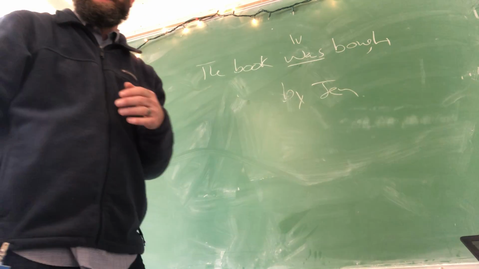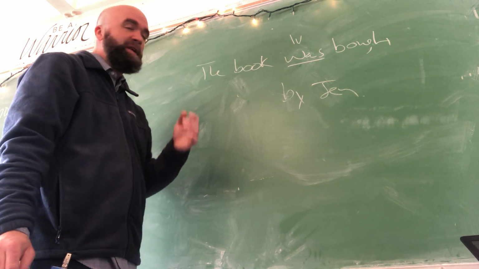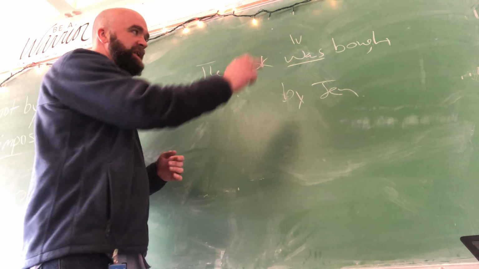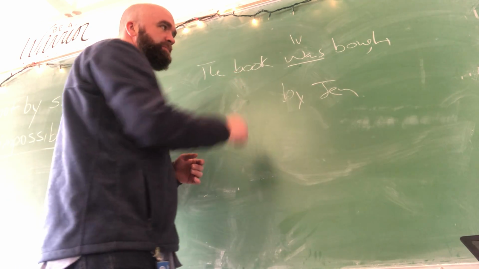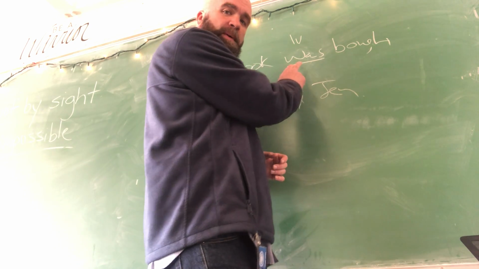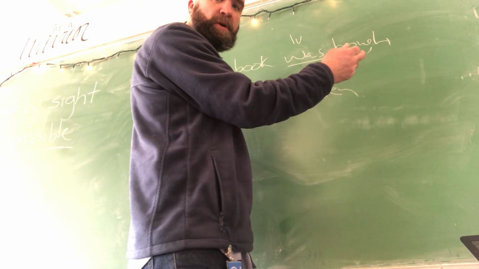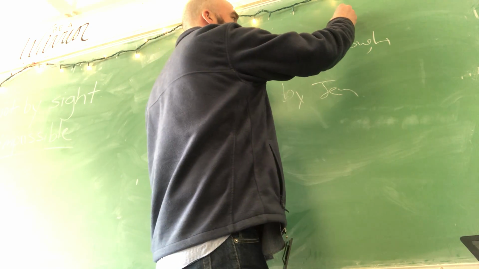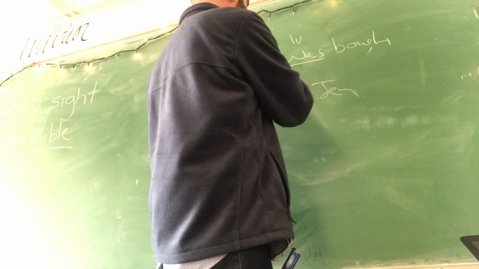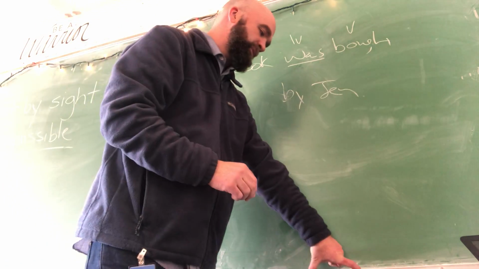And use actually the past participle of the verb itself. So instead of Jen bought the book, I can say the book was bought by Jen. I use the linking verb, the verb of being, was, and a past participle of the verb buy, or bought. So the book was bought by Jen.